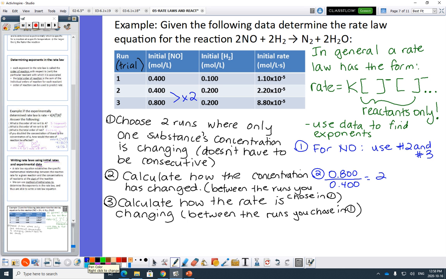So not random ones, okay? The ones that you chose in one. So now we did concentration. Now we're going to do rate.